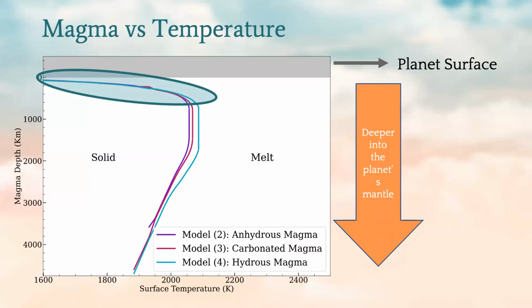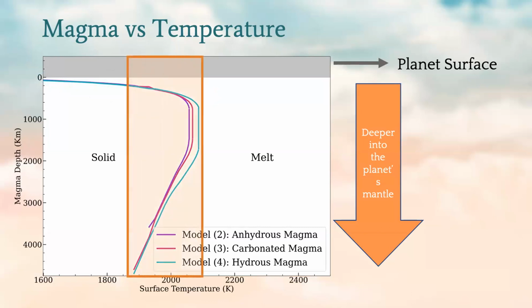And then you see this interesting structure down here where you end up having this basal magma ocean form. And you'll notice that it happens over a pretty short range of temperatures, at least for this 4-Earth mass planet.